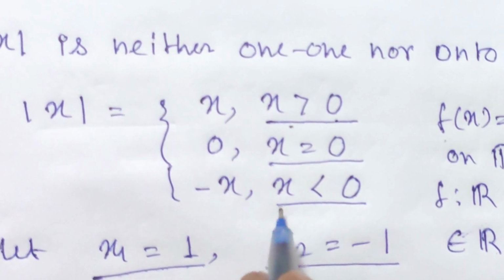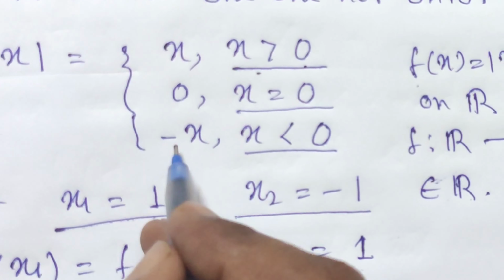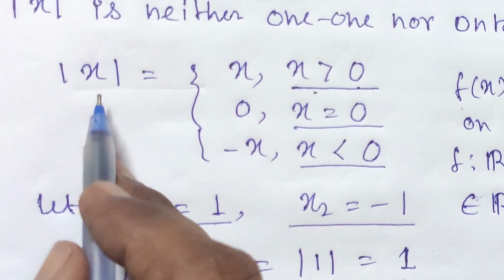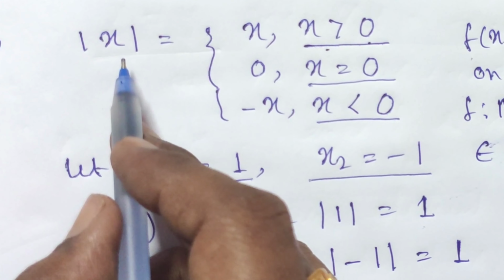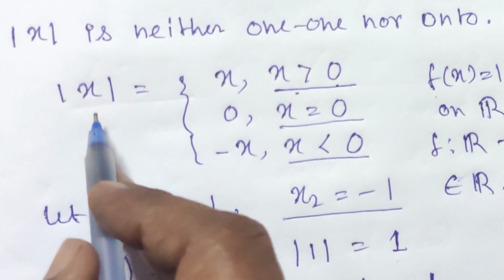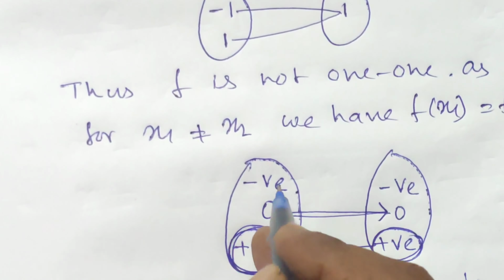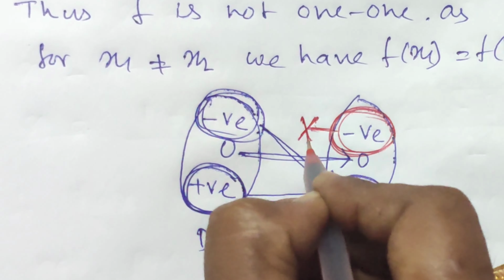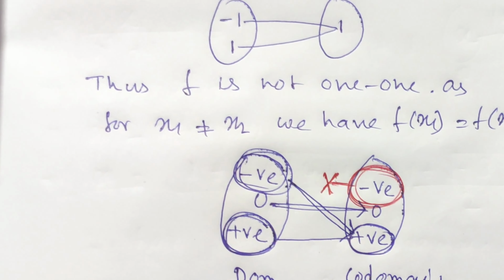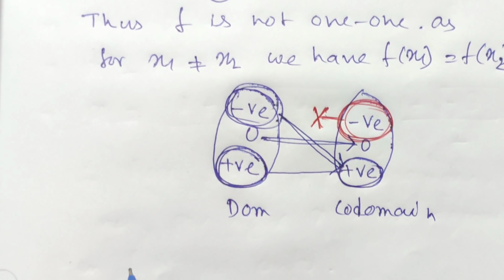Now look, for negative numbers, mod x is minus x, and we know that the modulus function always gives a positive value. So the negative numbers will also map with positive values. Then the negative reals in the codomain set don't have any pre-image in the domain set. Therefore, the function is not onto.